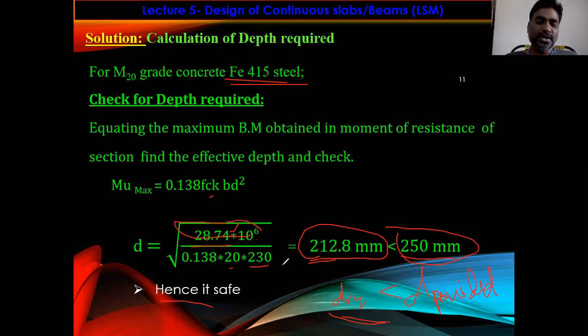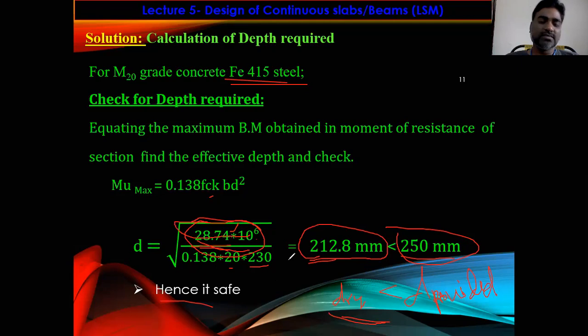One more important point is why I am checking only corresponding to maximum bending moment. Out of the total length of the beam, the maximum bending moment occurred at the support next to the end support. If the dimensions I have provided are safe for the maximum case, obviously it will be safe for other cases, because the bending moments in other places are less than the maximum.